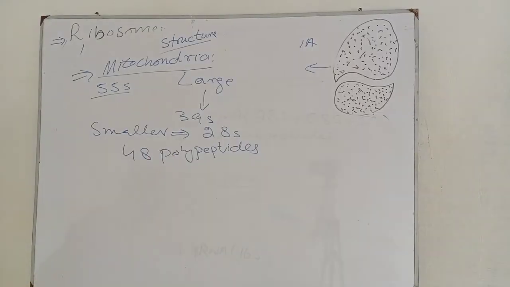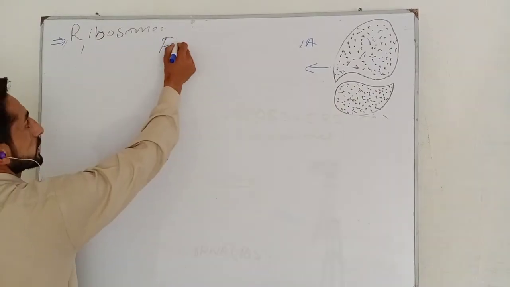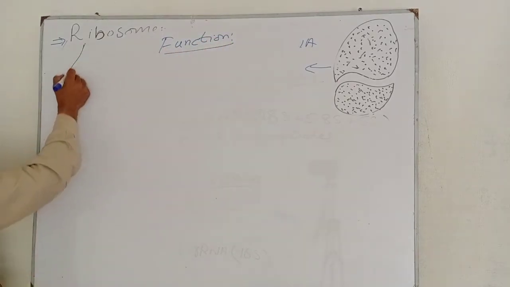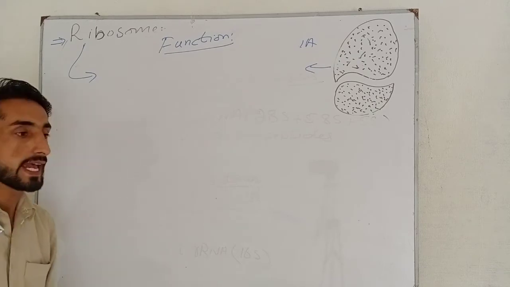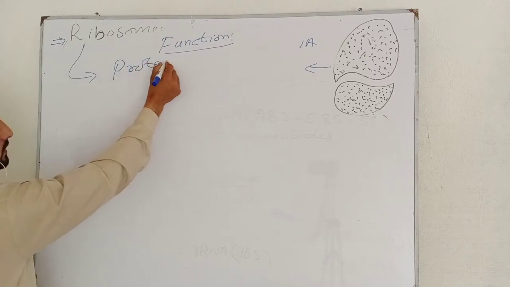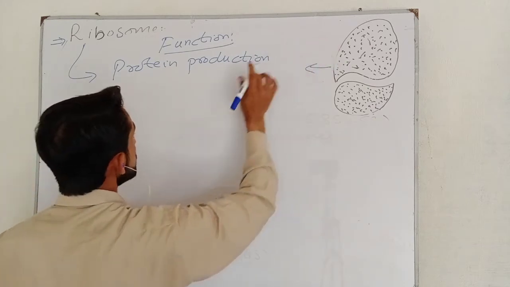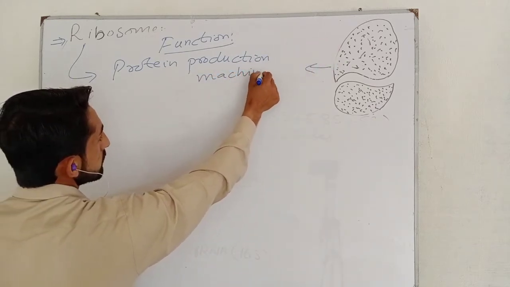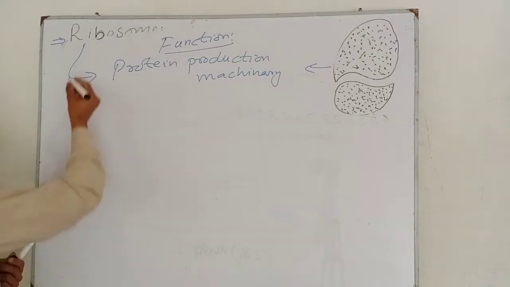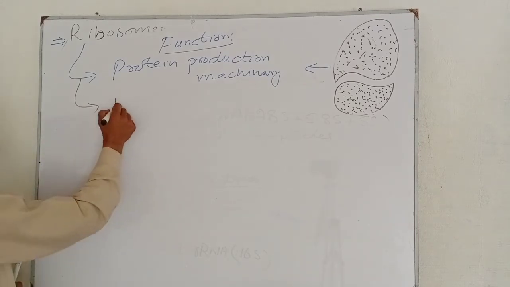Let's see the function of ribosome. What will be the function? As we know, the ribosome is also known as protein production machinery. So the ribosome helps in protein synthesis.